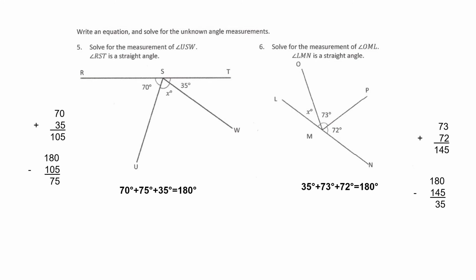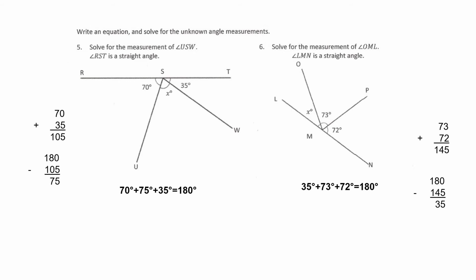So 70 plus 35 is 105. So that's the part, and we have to figure out the other part because we know the total. So the total, 180, minus the part, 105, is 75. So 70 degrees plus 75 degrees plus 35 degrees equals 180 degrees.